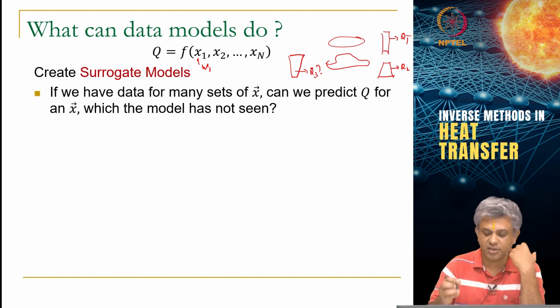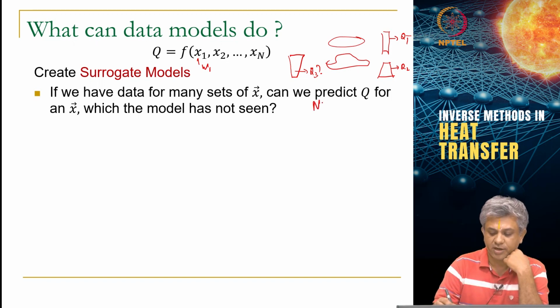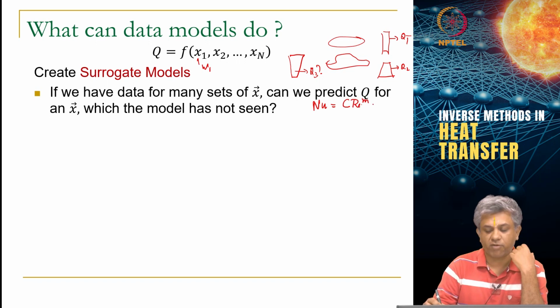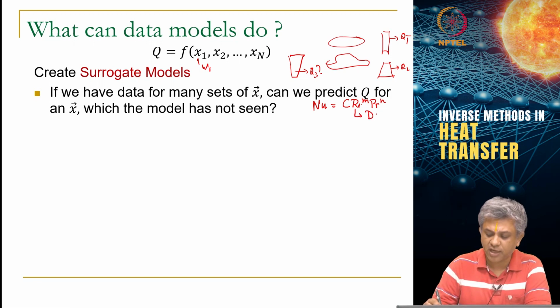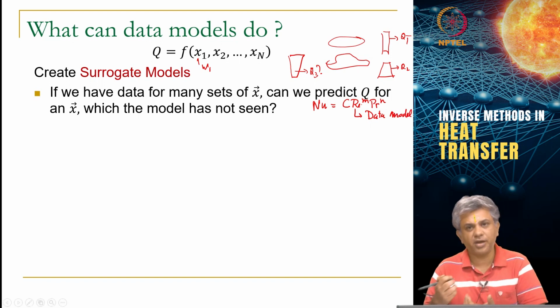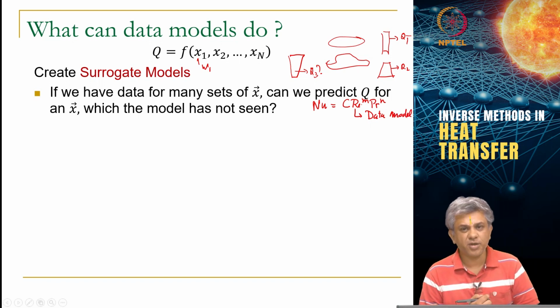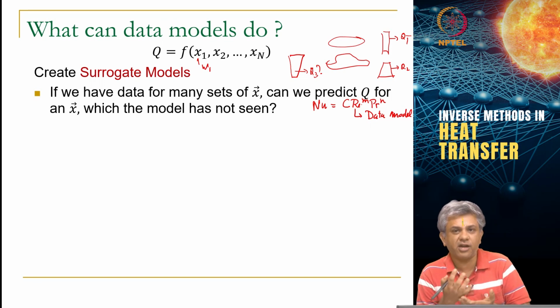For example, you would have seen a model such as Nusselt number is some constant times Reynolds number power m, Prandtl power n. This can usually be a full surrogate model or a full data model. This is a simple example of that, because really speaking you cannot derive this directly out of physics.